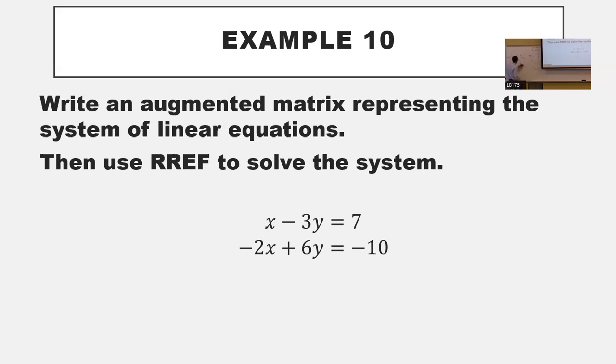Most of it's similar. So we have x minus 3y is equal to 7. Negative 2x plus 6y is equal to negative 10.